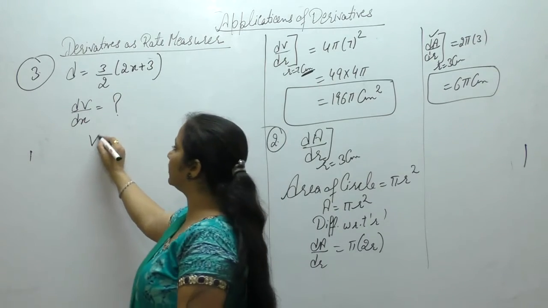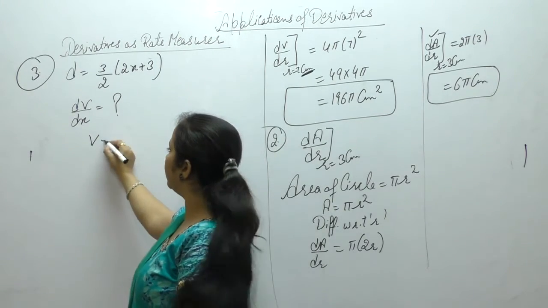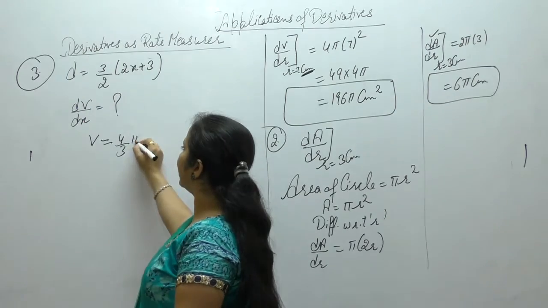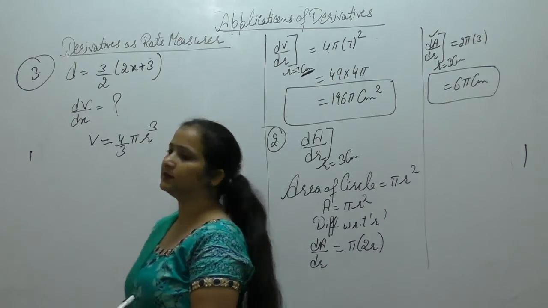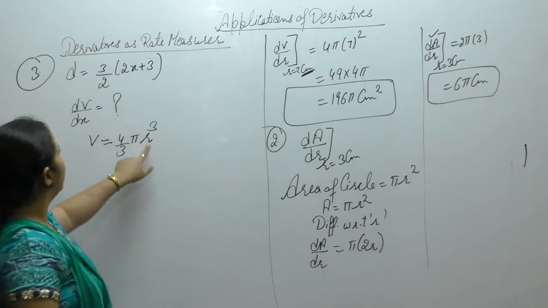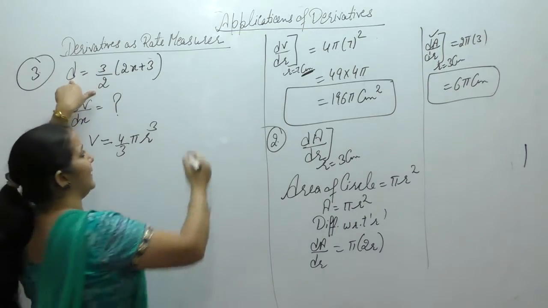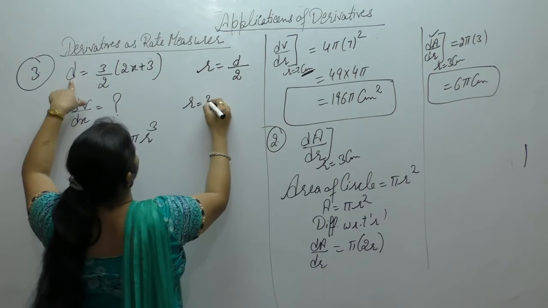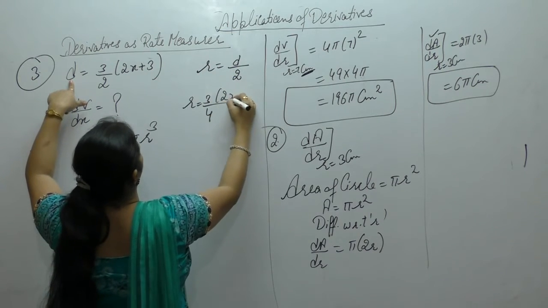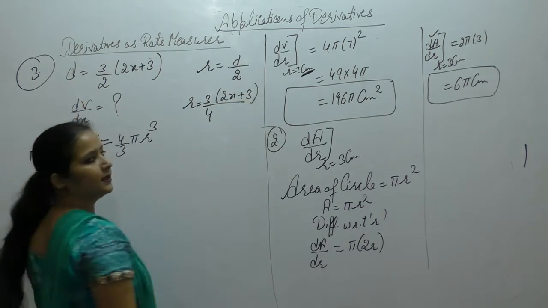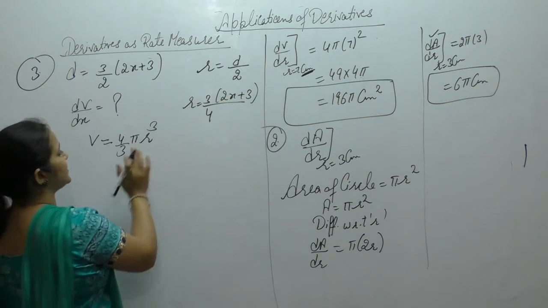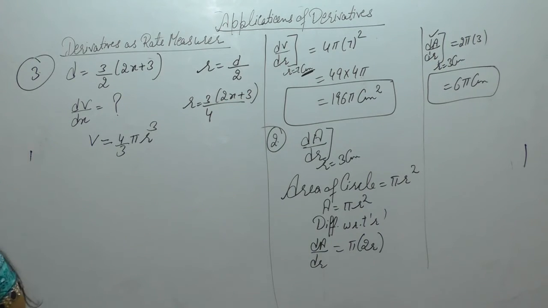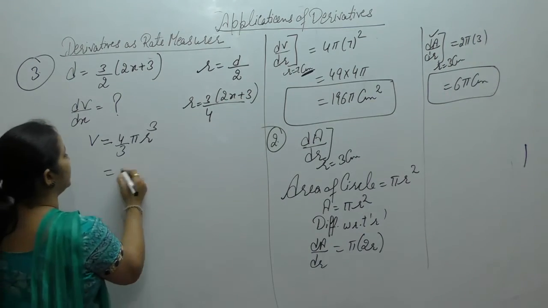Let volume be denoted by V. Then volume of balloon is 4/3 pi r cube. Clear? Here we have given the diameter. Radius is equal to diameter upon 2. Then radius is 3/4 (2x plus 3). Clear? So instead of radius, we have to put the value of radius here.